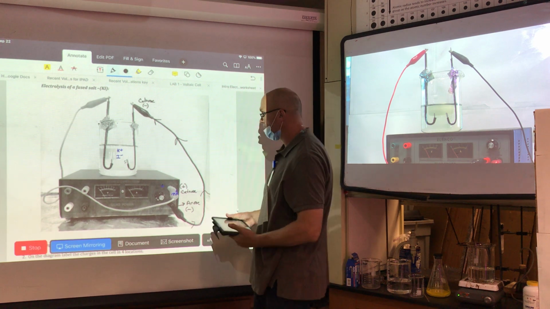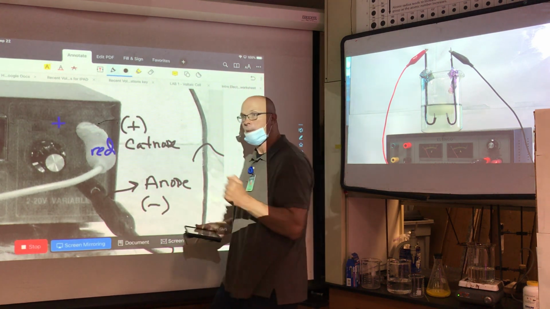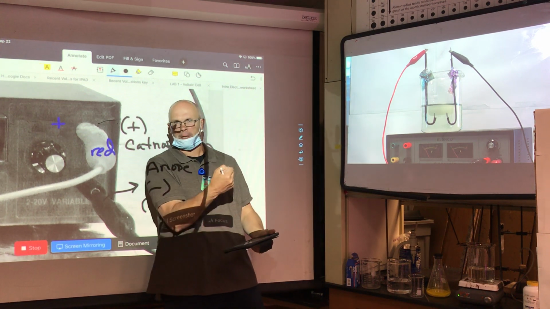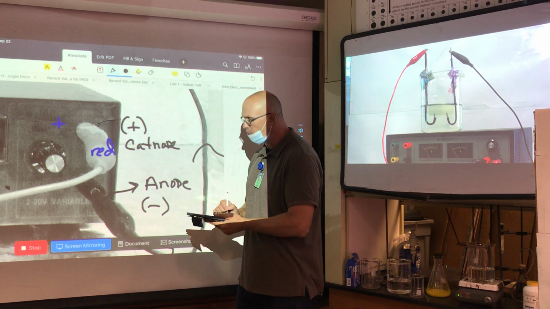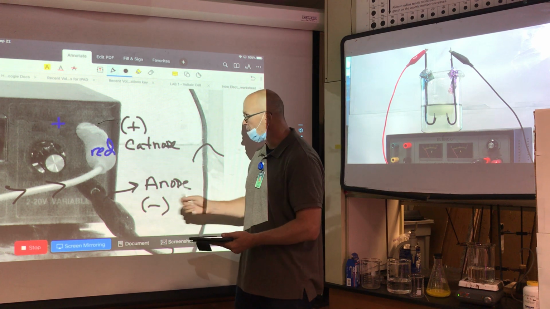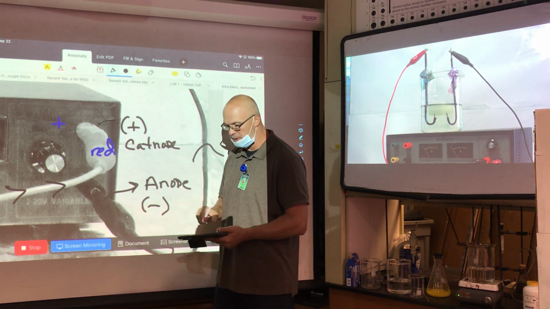Okay? Now let's look at the other way. The cathode of the battery. The anode is pumping electrons. The cathode is pulling electrons. It's giving energy here. So this guy is doing what? Pulling electrons toward it. The action of pushing charge and pulling charge is the energy that's going to make this happen.